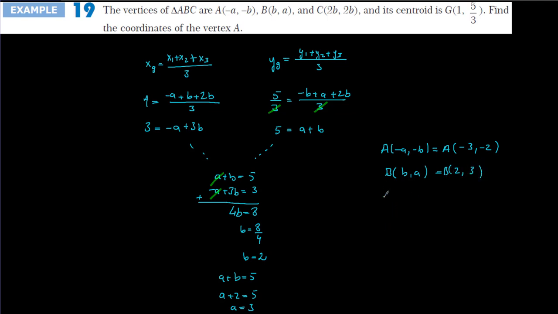And C is equal to 2b and 2b, which is 2 times 2, so C is equal to 4 and 4. So these are the coordinates of the vertices.